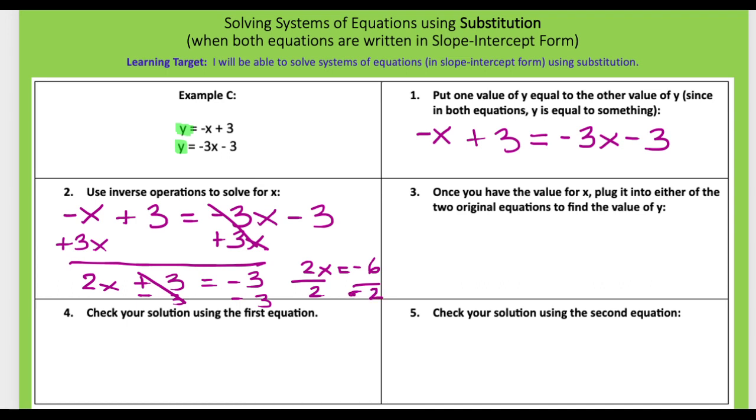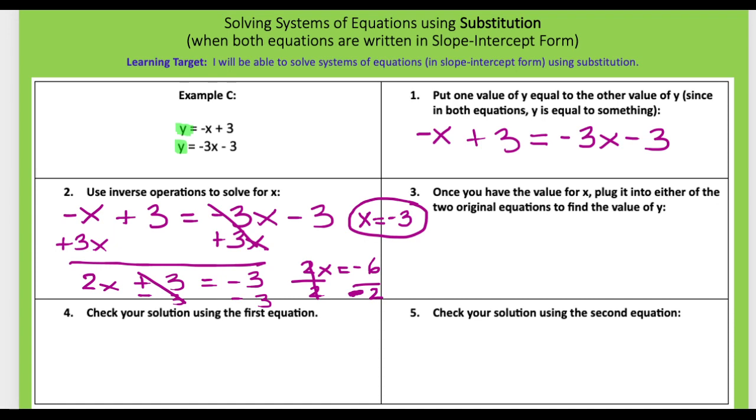That's a positive 2, not a negative 2. 2 divided by 2 is 1, and negative 6 divided by positive 2 is negative 3. So I believe the first half of my solution is x equals negative 3.